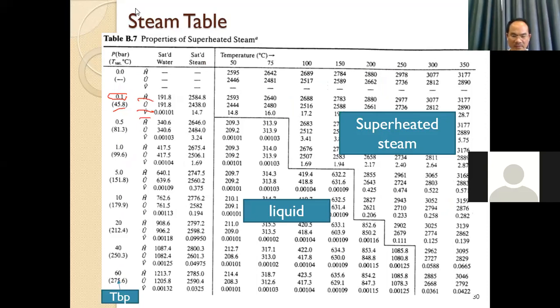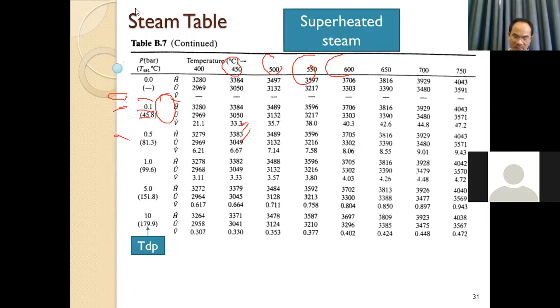And this is the enthalpy, internal energy, and volume at temperatures greater than the saturation temperature, maybe at 50, 75, 100, and 150. This is all the superheated region.